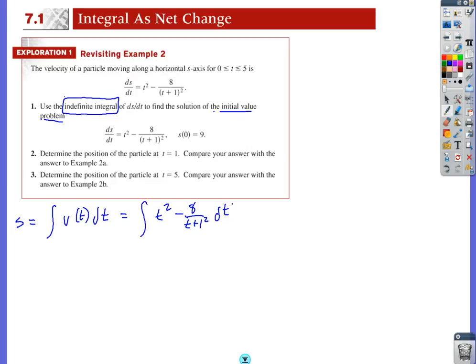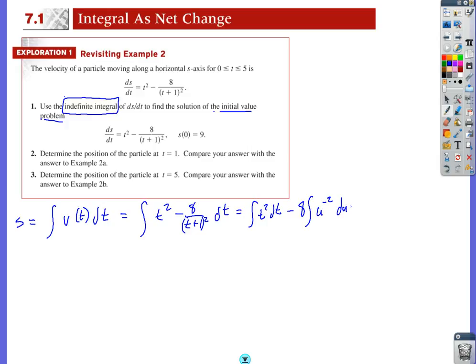So I'm going to use the same process of separating this out, which is then going to be equal to the integration of t squared dt minus, and I'm going to do the quick u substitution really quick, u to the negative 2 dt. Oh, not dt, du.